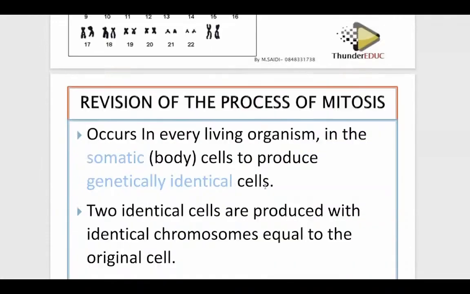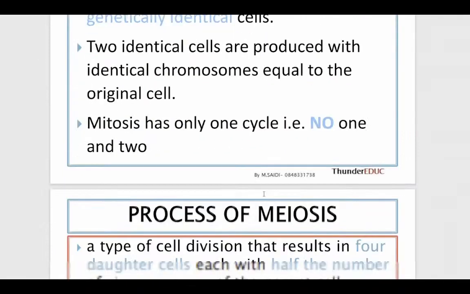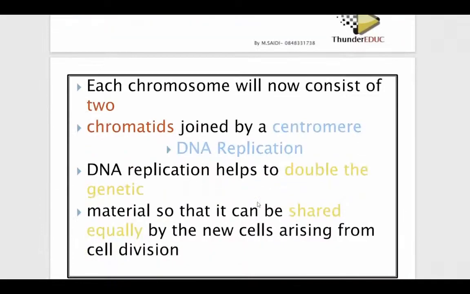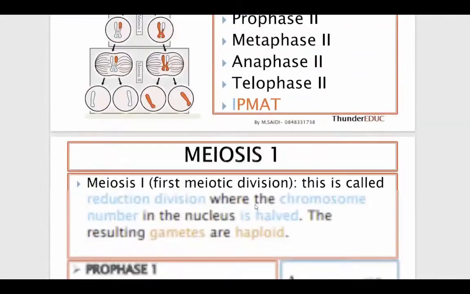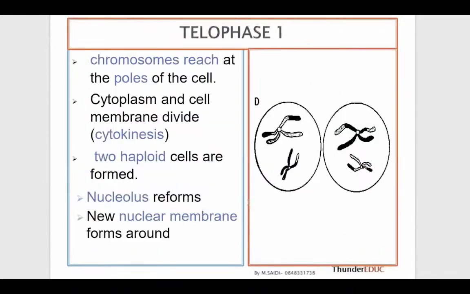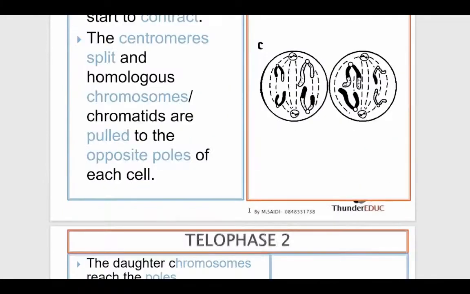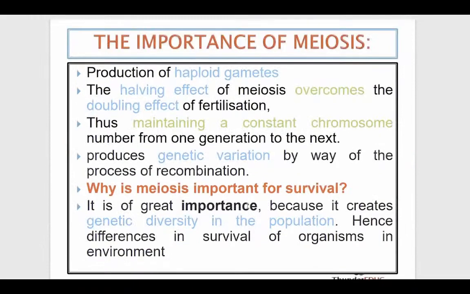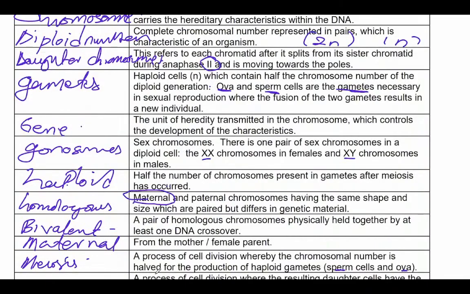If you read this book, you will get a distinction. There is no question which is going to come and you cannot answer, if you really have and love this book. This is the importance of meiosis. Check the thing.